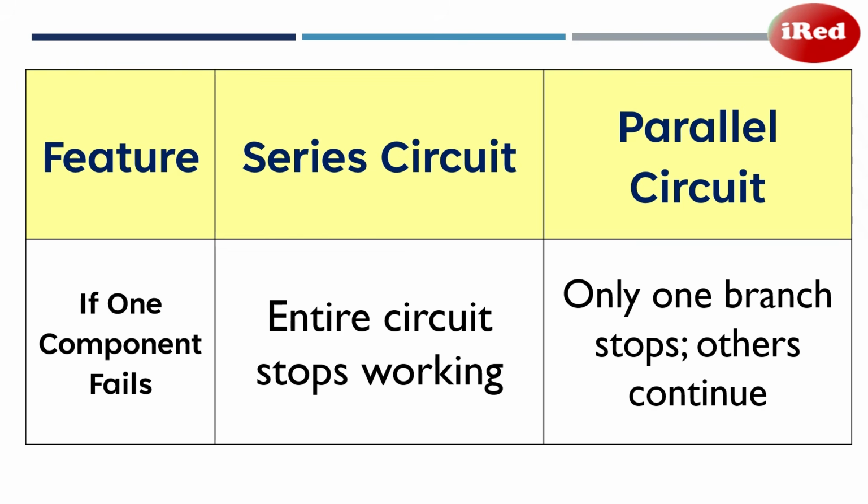Finally, consider what happens when one component fails. In a series circuit, the entire circuit stops working because the only path is broken. While in a parallel circuit, only the affected branch stops working, while the other branches continue to operate normally.